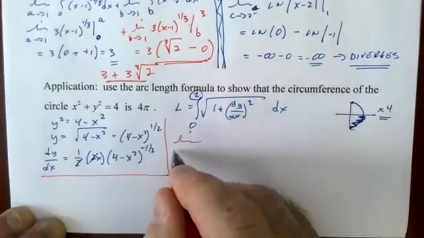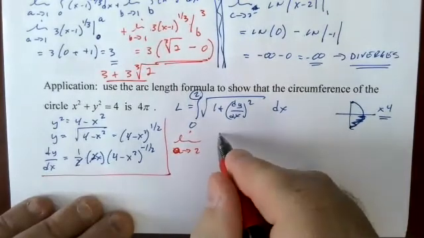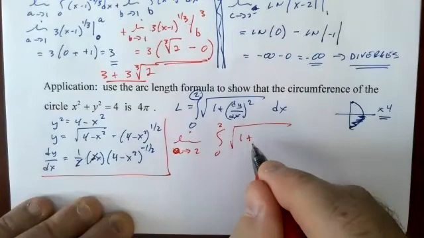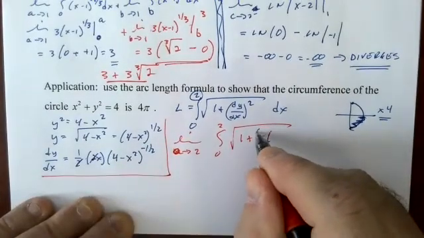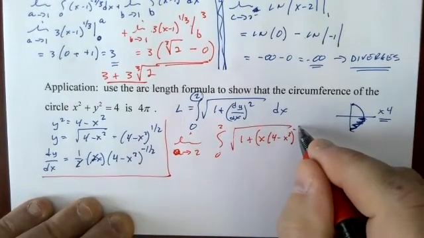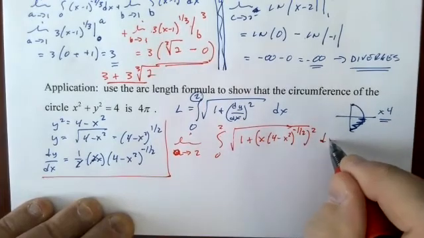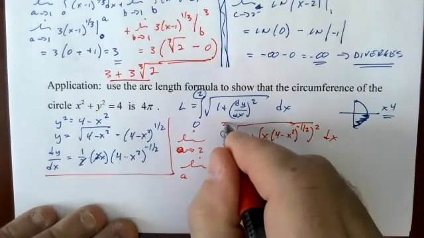So let's see what we got here. Limit as a approaches 2, integral 0 to a, square root of 1 plus x squared times 4 minus x squared to the negative 1/2, squared, dx. Wonder if I can do this mathematically.